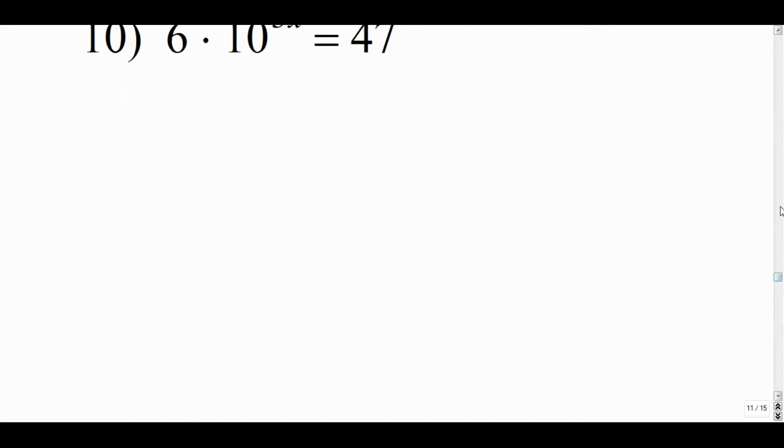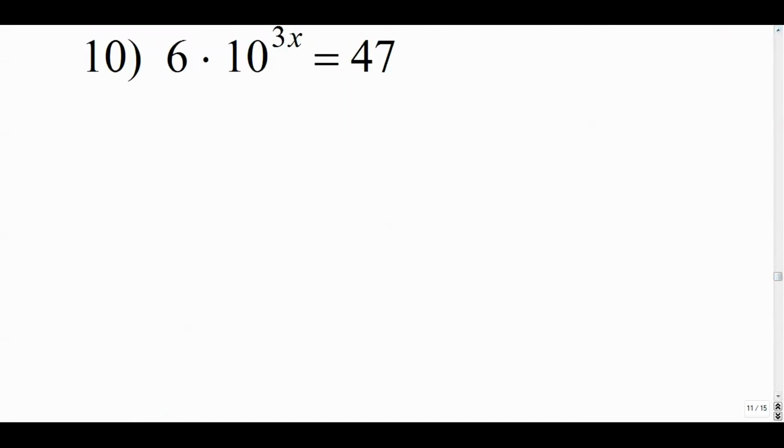Number 10. Here we have an exponential equation. Let's isolate this first, so let's divide by 6. Divide by 6, so I get 10 to the 3x power equals 47 over 6. This is what we're trying to solve for, the x that's in the exponent, so we need to get rid of that. Let's take log base 10 of both sides.